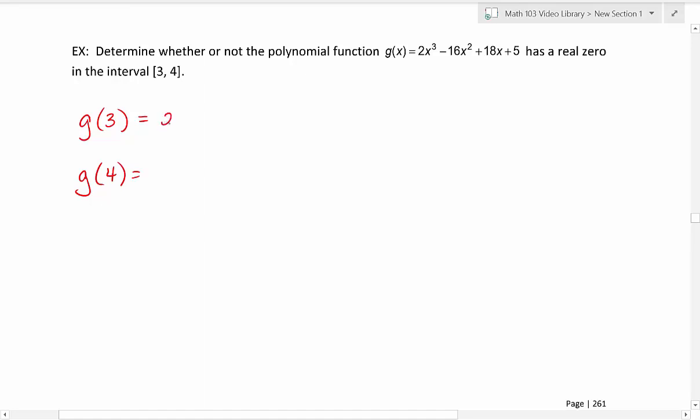Plugging in 3, and then plugging that into our calculator, we get negative 31.